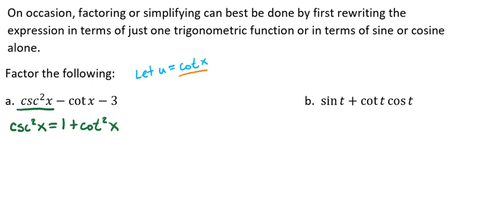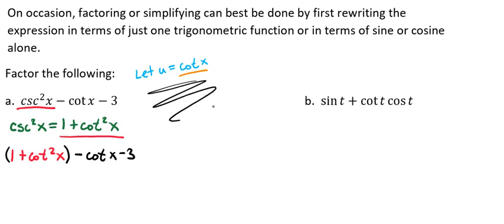So what do we have? We're going to replace our cosecant squared with 1 plus the cotangent squared of x, minus the cotangent of x minus 3.